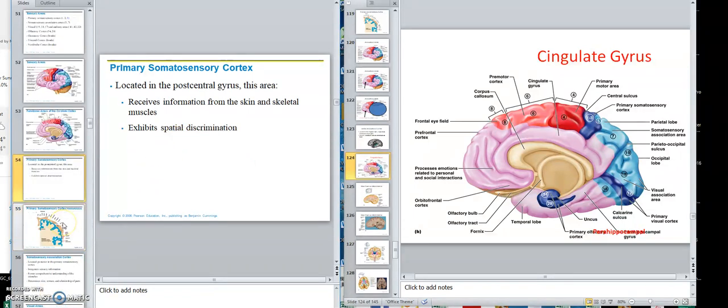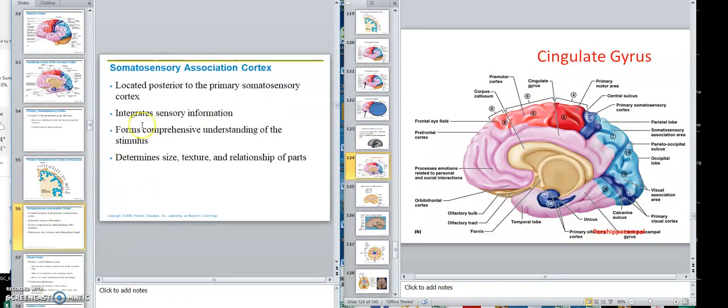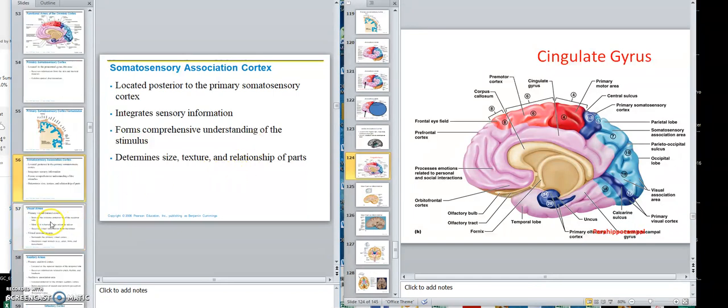Okay, so we go further. Somatosensory association area, located posterior to that, integrates sensory information and forms a comprehensive understanding of the stimulus. Something touched me. What was it? It determines size, texture, and relationship of parts.